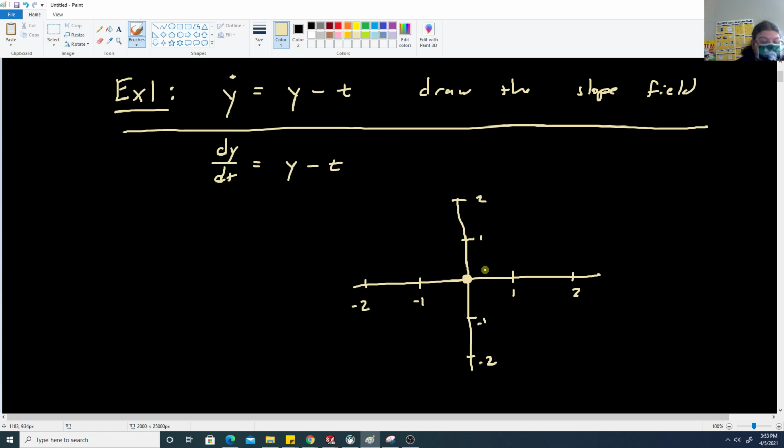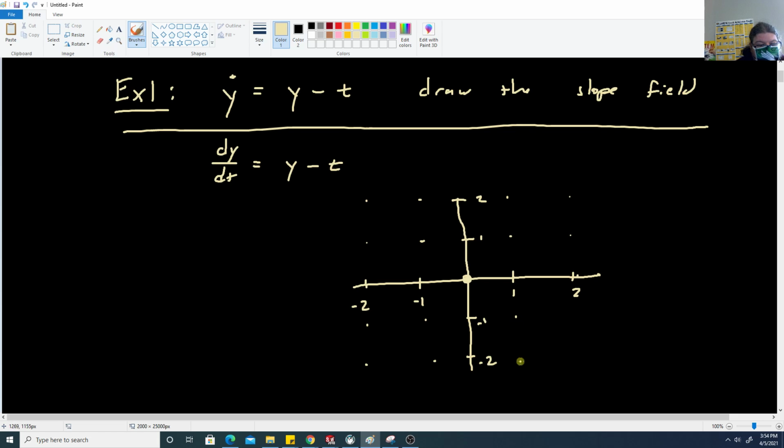So basically, for each intersection, we're going to use this expression here, and this is going to tell us what the slope of the equation is at the point, and then we'll draw a little line segment with that slope at the point. So at all these individual points, we're going to draw little line segments that have the slope of our line there.